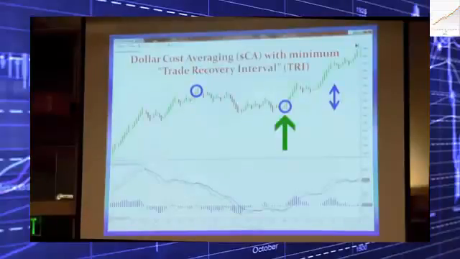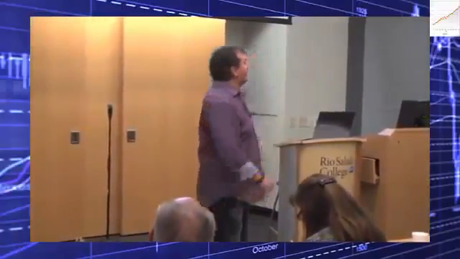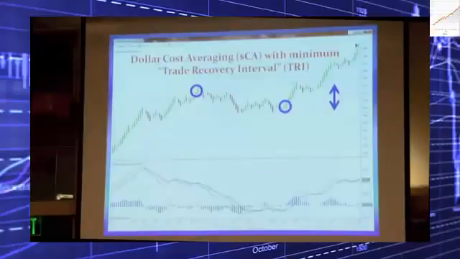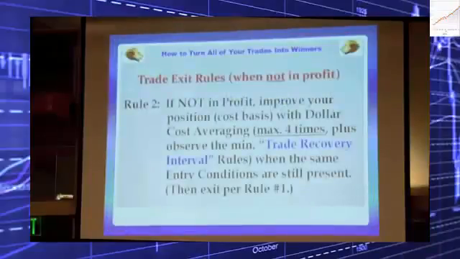And now, over here, you've got an opportunity to enter back in, provided that step number 1, that is the primary direction and trend, are still to the upside. You enter at this point, and the difference between this price where you entered and this price has to be at least the difference of a trade recovery interval.